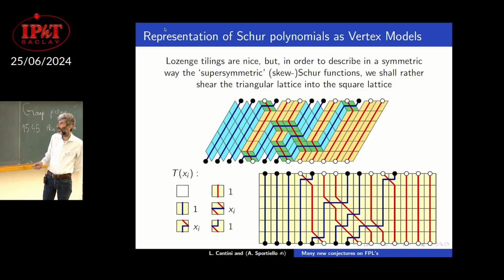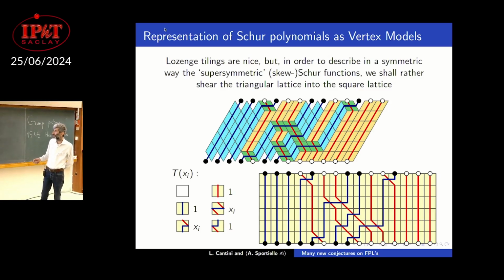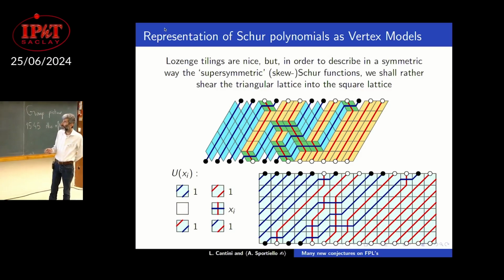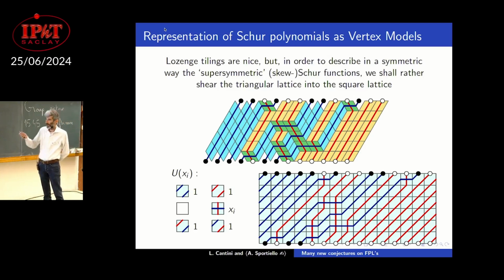This is the set of vertex weights for the lozenge tiling representation of Schur functions, and actually those are just those lozenges cut in a smart way. Another way of doing that would be by cutting on 45 degrees, with this other matrix U that essentially makes the same up to a shift.